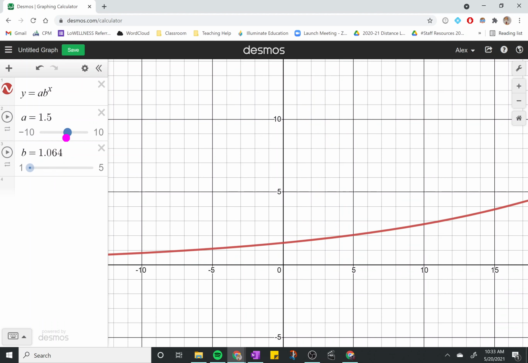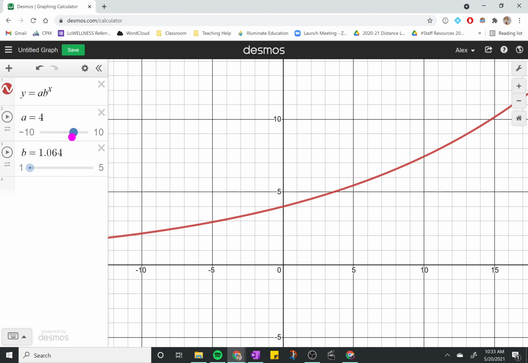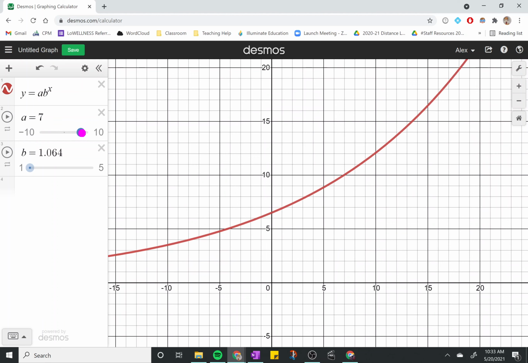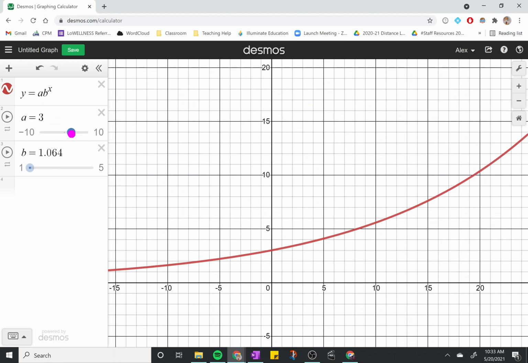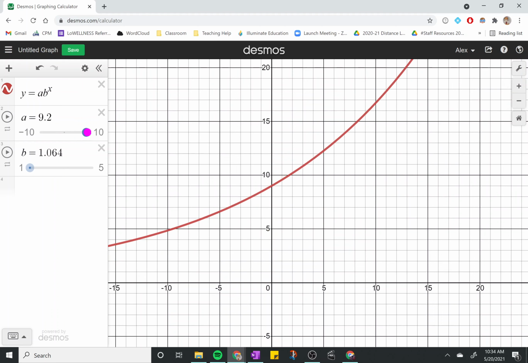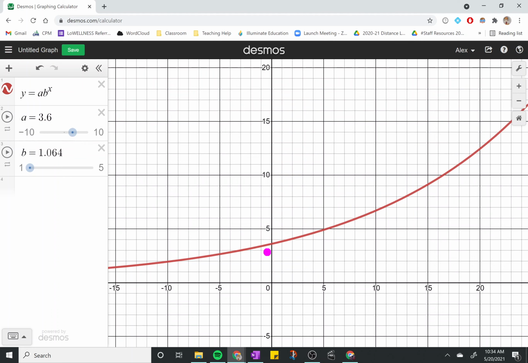And we can see here, if my a value increases, then that also has some effect on the curvature of the graph. It's a little hard to see. It is not just shifting up, it is actually kind of curling up and to the left. But the important thing here is that our y-intercept is actually changing.